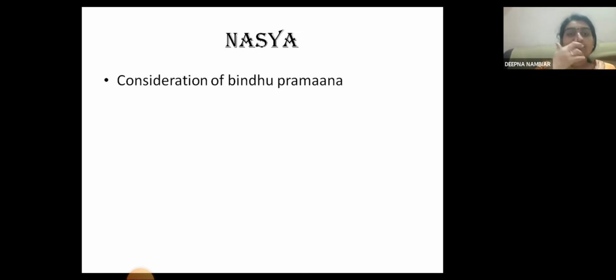So the whole Bindu Pramana is considered according to the particular patient only. It will be different for me and for you. So it is patient specific; on the basis of the pramana of the patient, we have to select the nasya dosage, because the bindu pramana will be different for each and every patient.